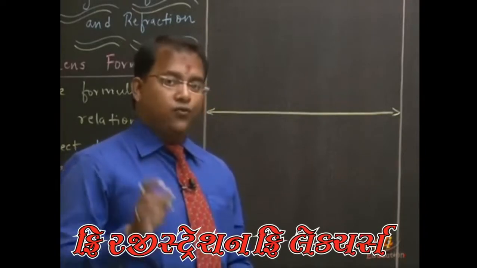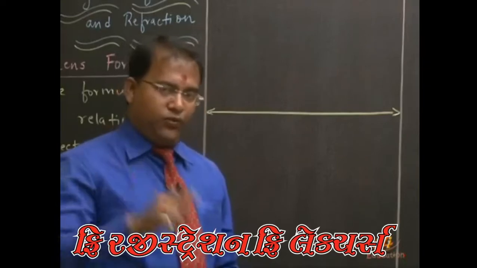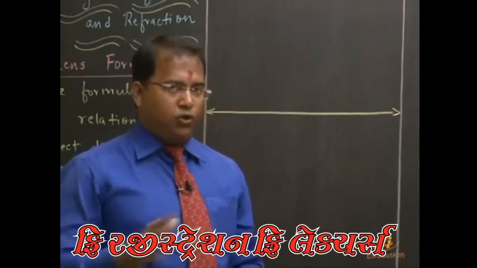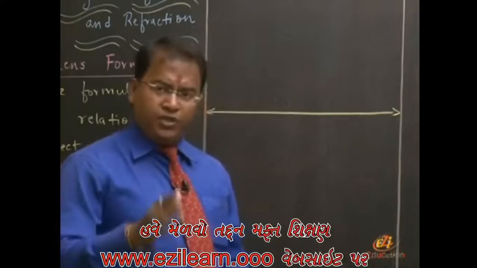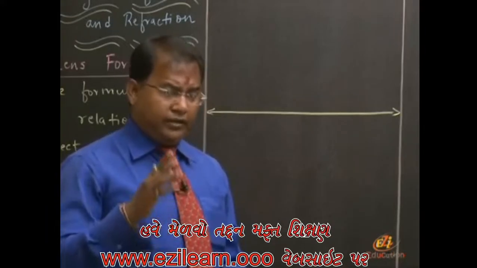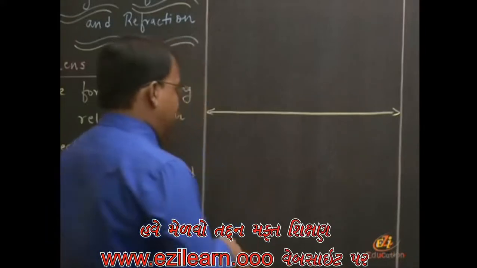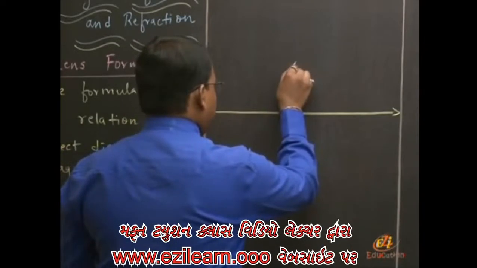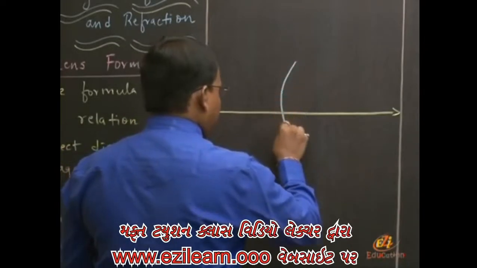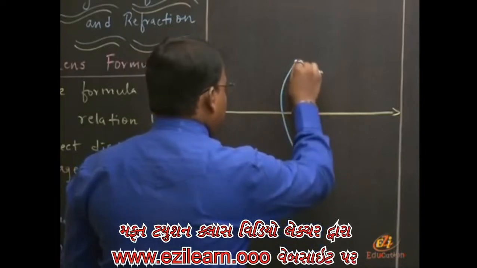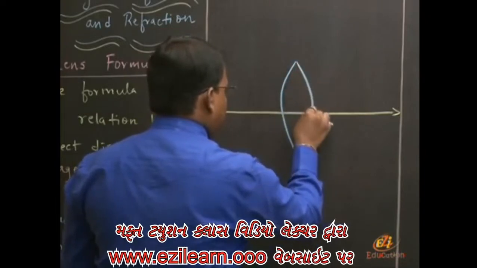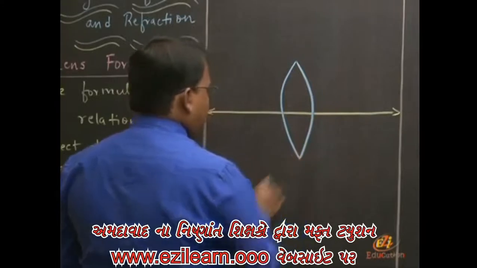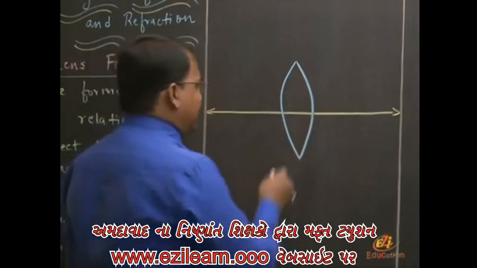We have gone through the definitions in the last episode, the 5th, where I concluded all the definitions, starting from radius of curvature, center of curvature, focal length and all those things. Here, I'll take one lens. This is a convex lens for us.